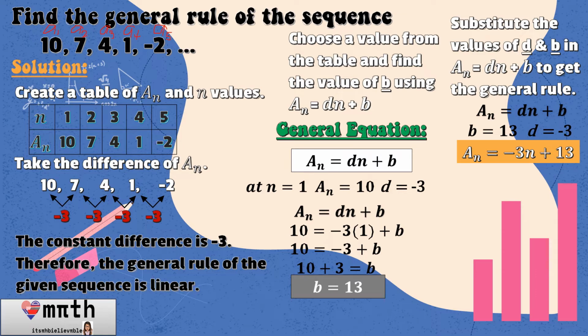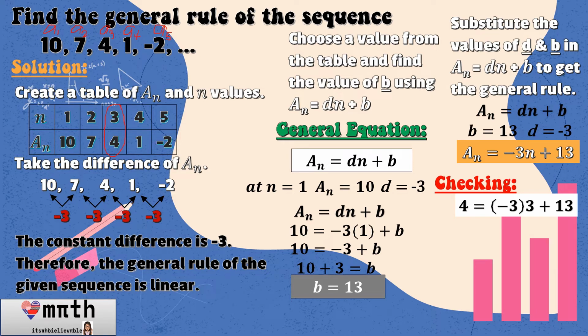Now, let us check whether our general rule is correct. If we pick the third term, 4, and having a value of n which is 3, substituting that on the formula of the general rule, our a sub n will be 4, and the value of d will be equal to -3.